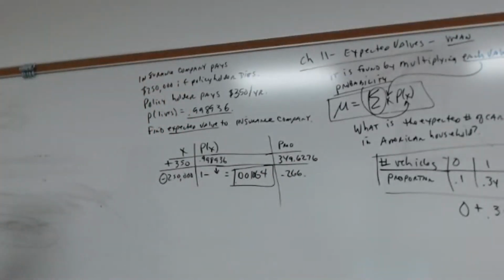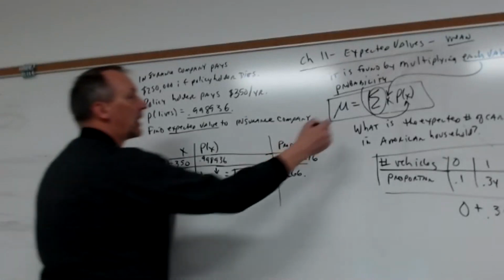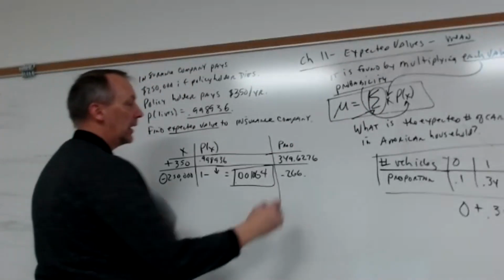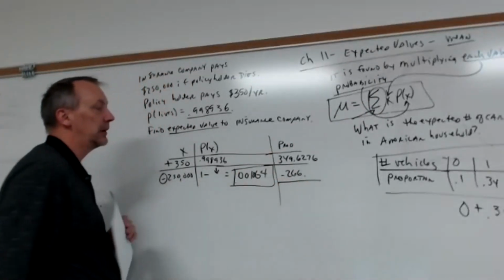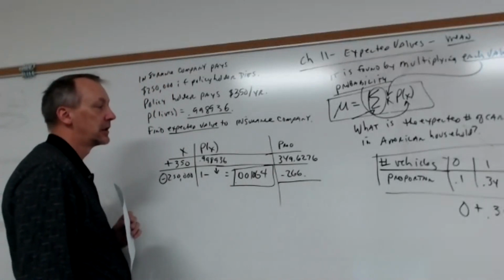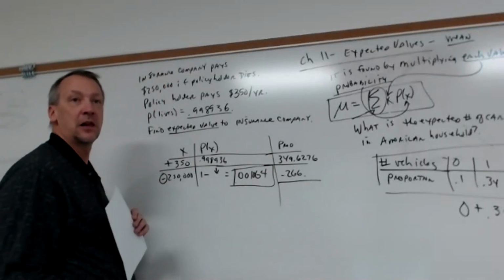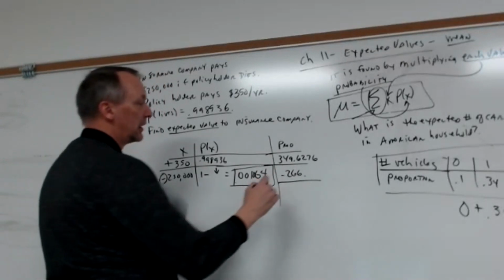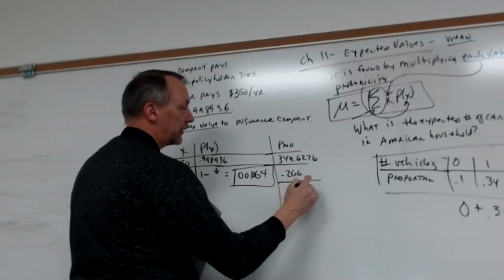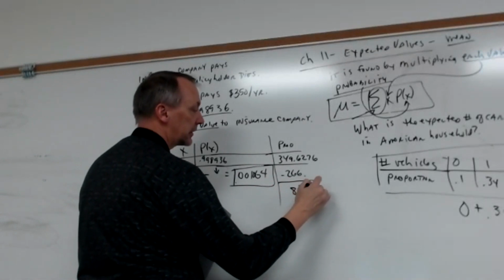Okay, so what do I do with these numbers? What does this mean? Add them up. What's 349 minus 266? 83 even, point 6276.